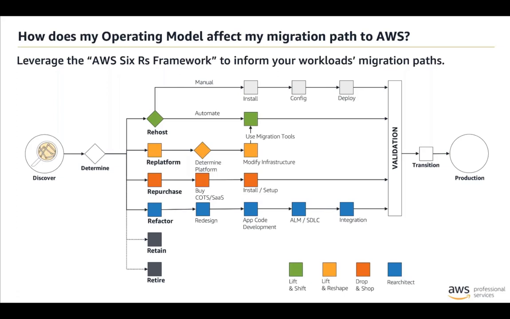Repurchase refers to retiring the existing workload and either purchasing a new third-party solution through either packaged software or software as a service. Refactor refers to fundamentally re-architecting and rewriting the application to take advantage of more AWS native services, such as decomposing a legacy monolith into microservices that leverage AWS services such as Lambda, DynamoDB, and API Gateway.